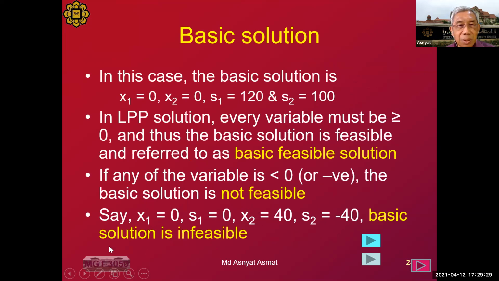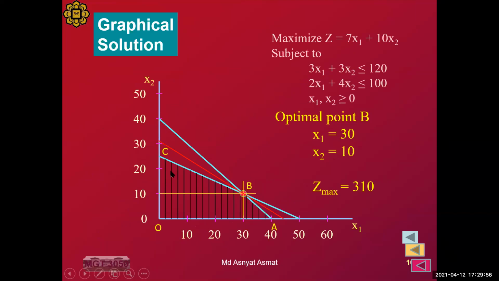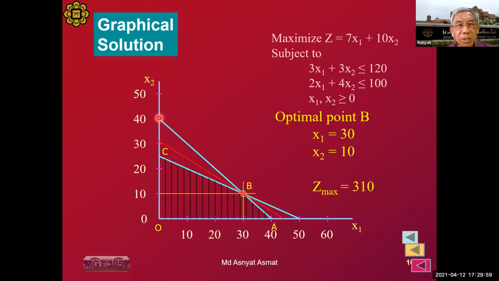So in this case, the basic solution is not feasible, it is infeasible. Take note, x2 is 40. Let's look at the graph. x2 is 40, somewhere here. Is it within the feasible region? No. So we are not getting a basic feasible solution.